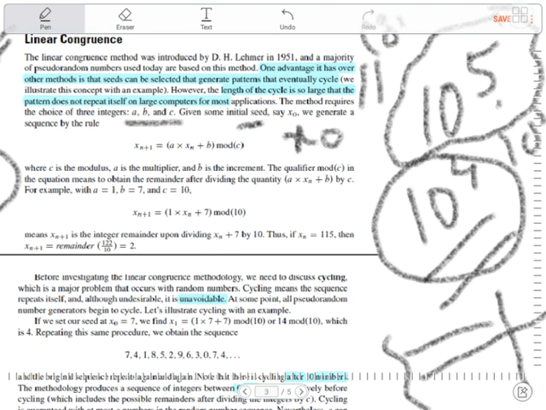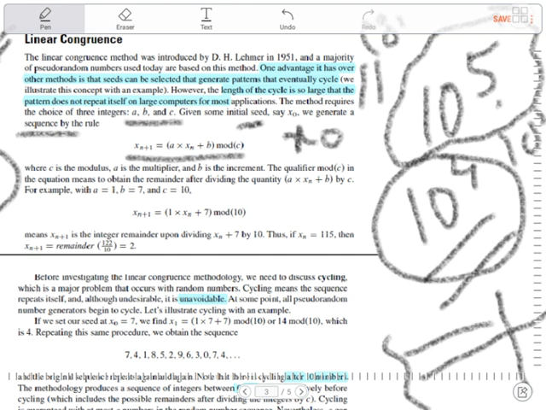Okay, so the algorithm says that in the linear congruence we will generate a sequence via this rule. What does the rule say? x(n+1) equals (a times xn plus b) modulo c. So you see these a, b, c parameters are there.